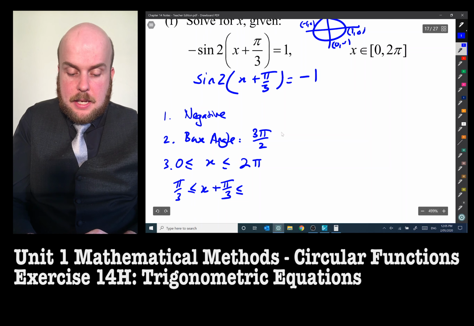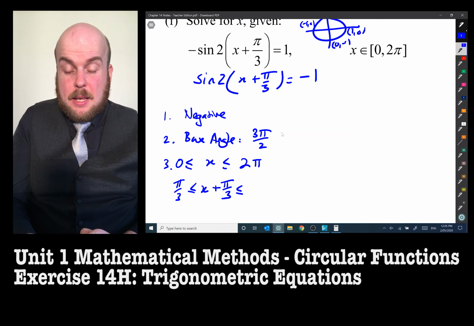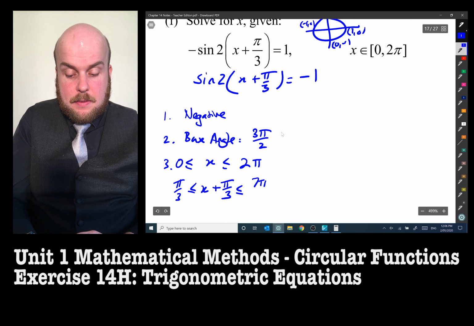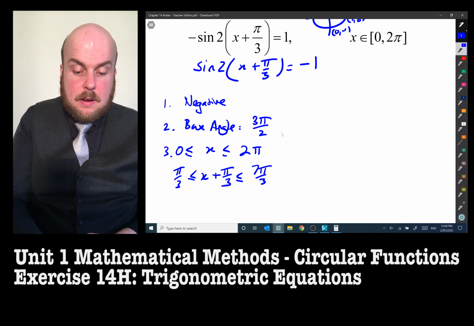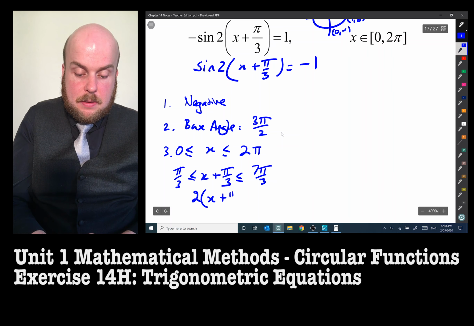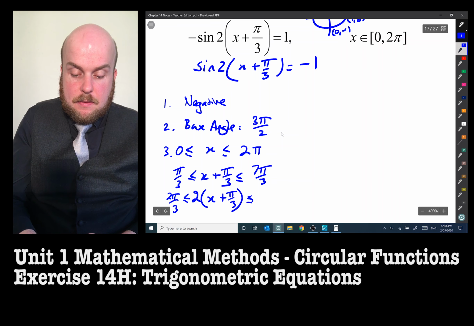So this will become 2 pi plus pi on 3, which makes 7 pi on 3. And then we're also going to double it. It's going to be 2x plus pi on 3. So this is going to become 2 pi on 3, and this is going to be 14 pi on 3.